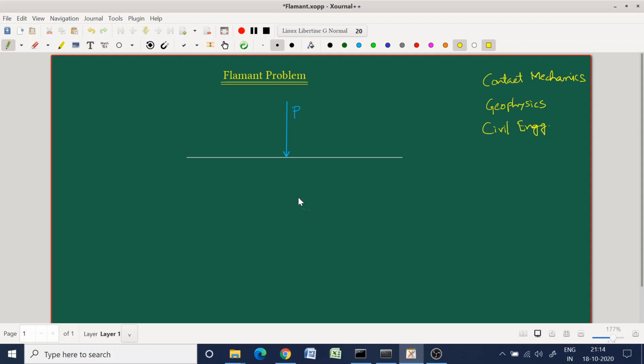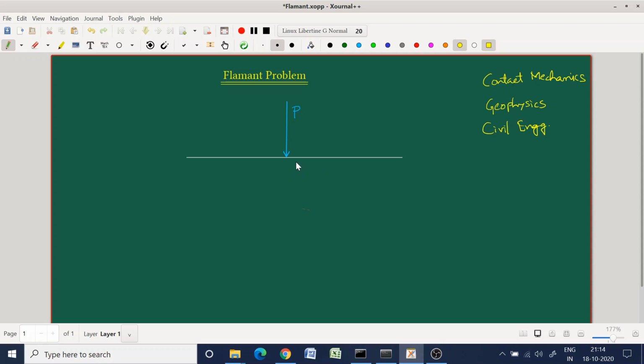So if there had been no boundary here, if this had been all one continuum, that would have been the infinite full space, and because there is the solid material present only beneath it, that is why this is the infinite half space.